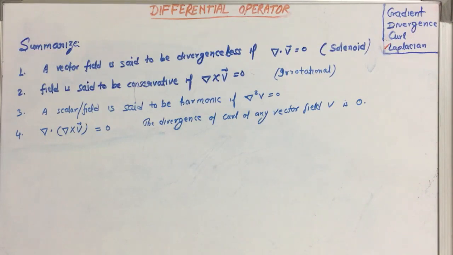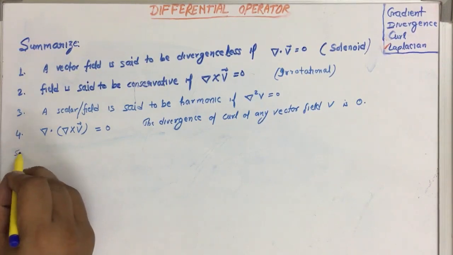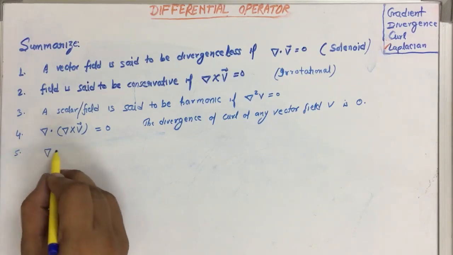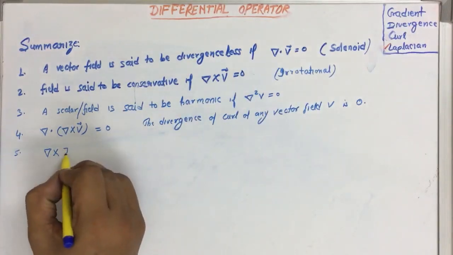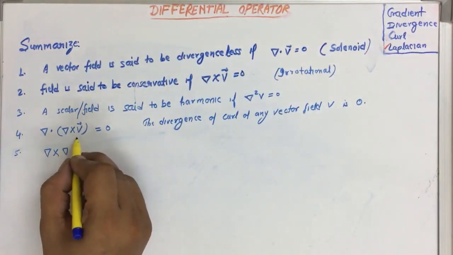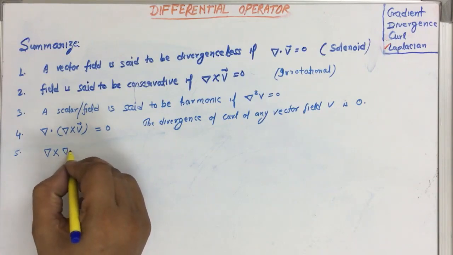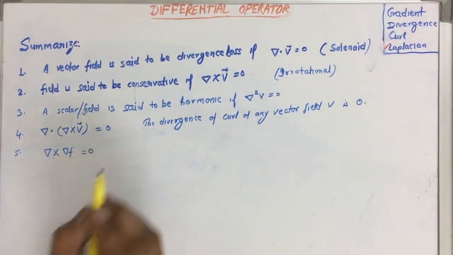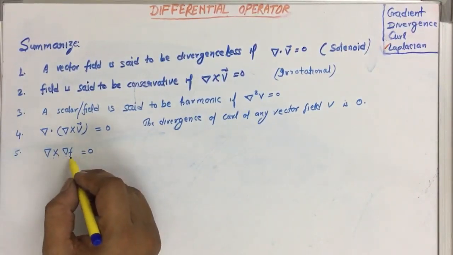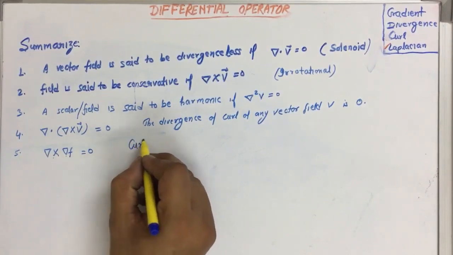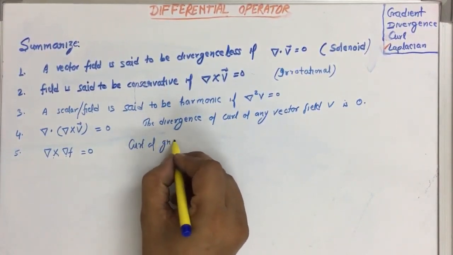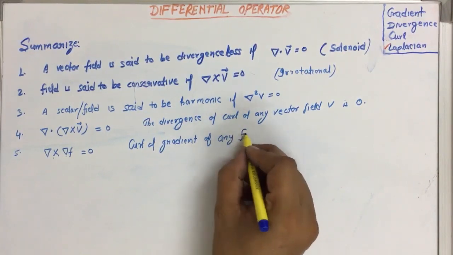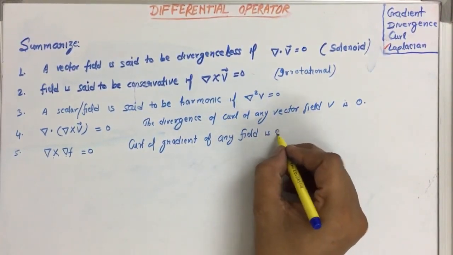Now the fifth point is the curl of gradient of any field, if we are considering V as a vector, then consider here another field F. The curl of the gradient of any field is equal to 0, since gradient is for a scalar field.